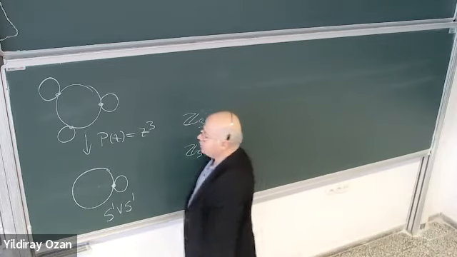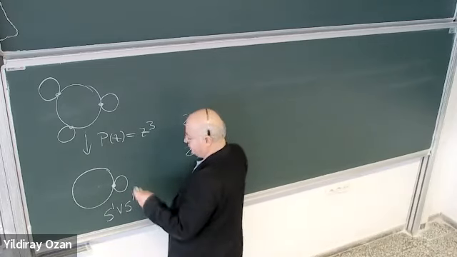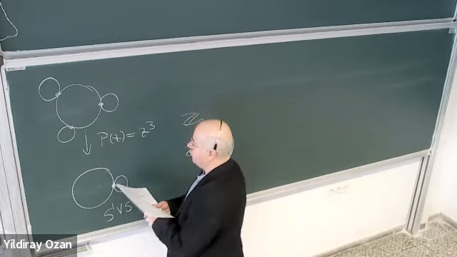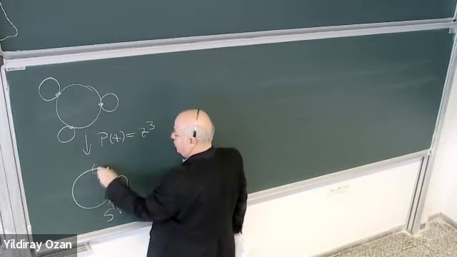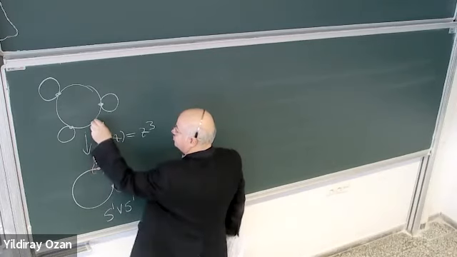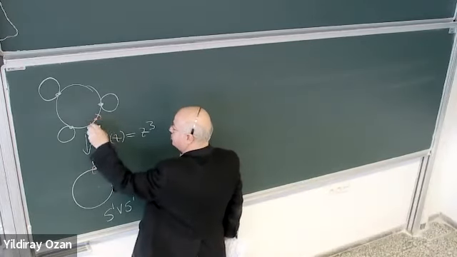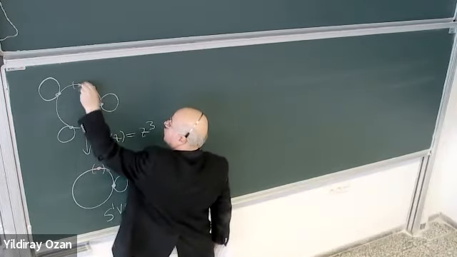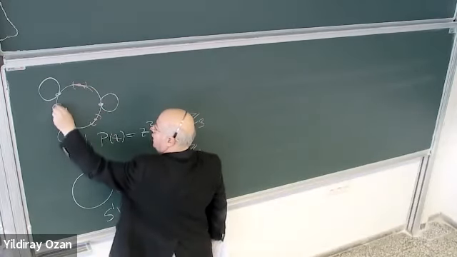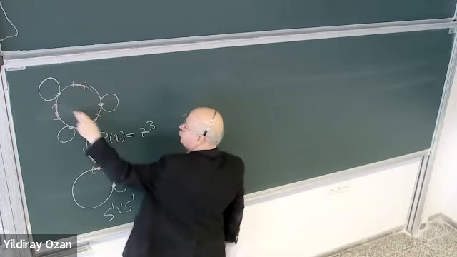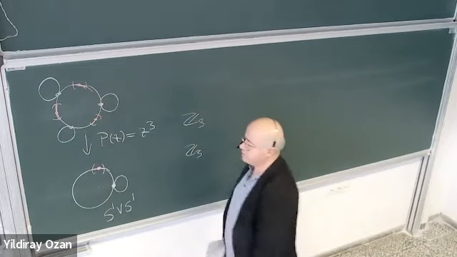Here, our map is like this. So for example, if you are at a point here, then this has 3 pre-images like this. And your map restricted to these are homeomorphisms.